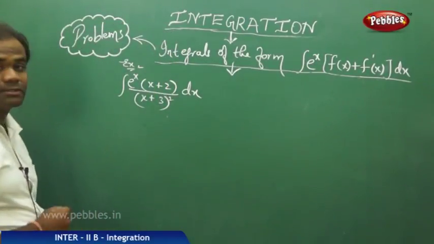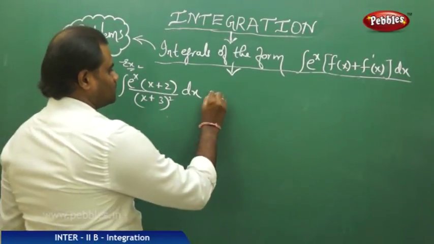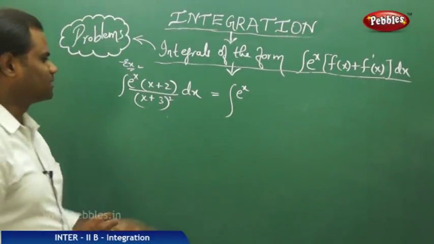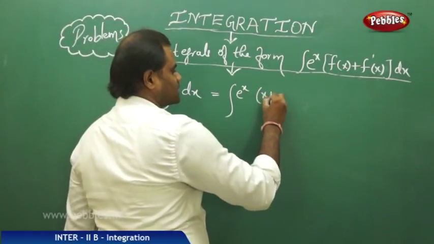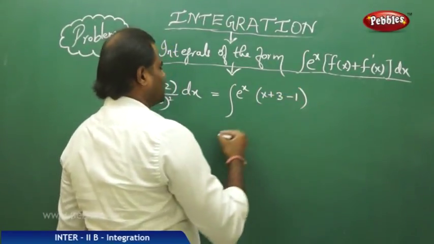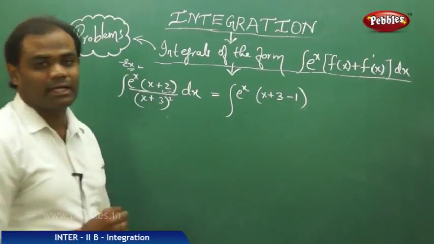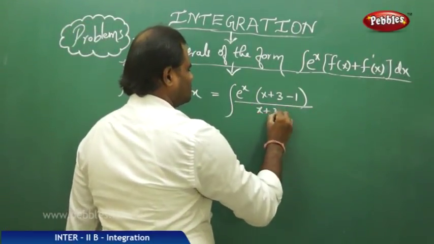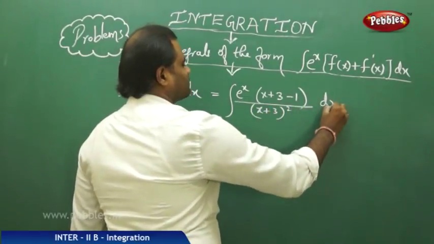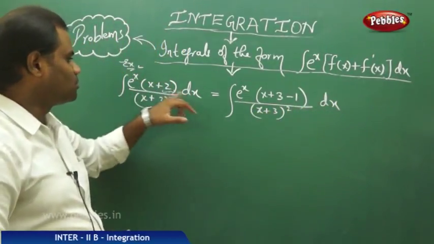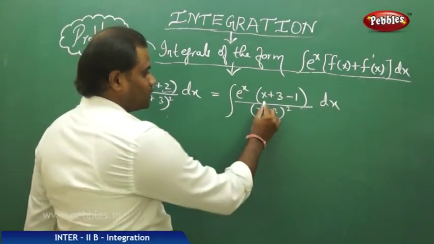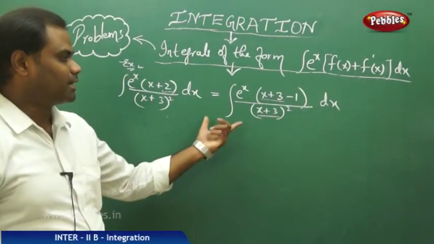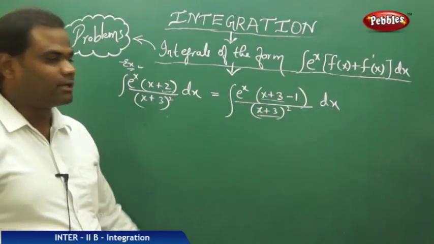So let's try to split the terms out here. Now as I see here, I can further modify this function by writing x plus 2 as x plus 3 minus 1, because 2 is written as 3 minus 1. The idea behind writing 2 as 3 minus 1 is to make these two similar, so that I can split and get the simplification done easier.